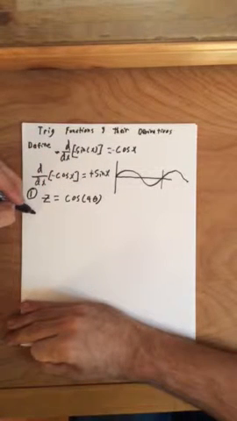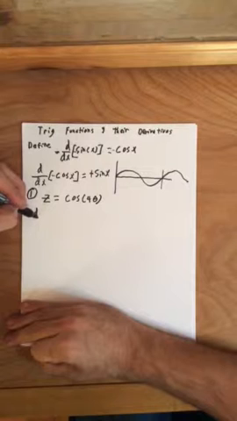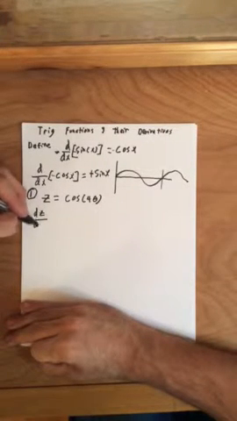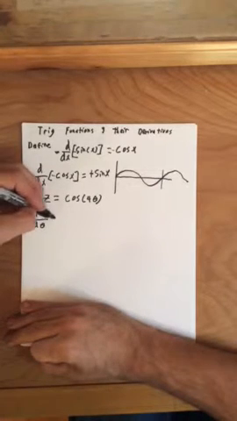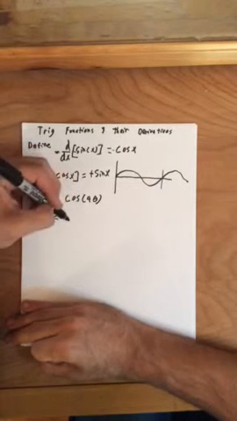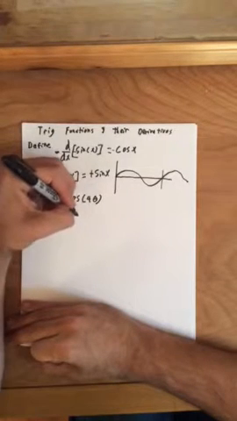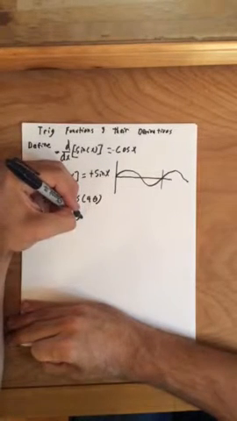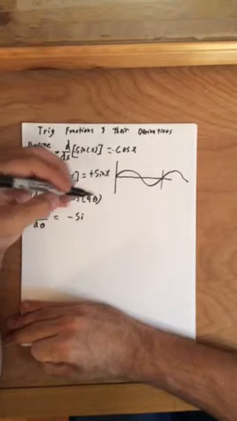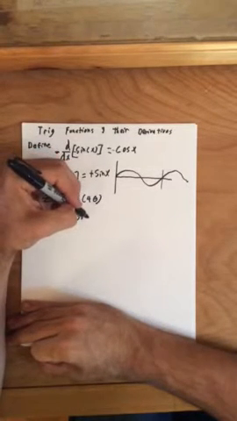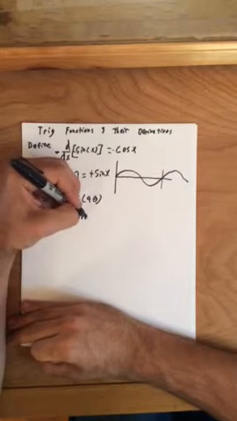So if we took dz d theta, that would give us negative sine x. Sorry, there we go. I was about to say x in there instead of a theta, so you have to be careful.